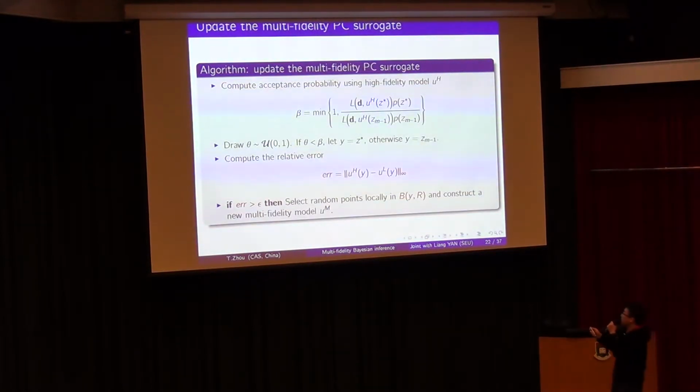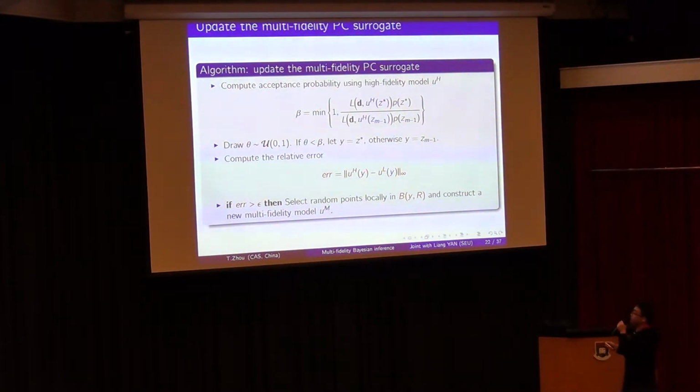This is more detailed. So after a few sampling procedures, you can stop at these particular points. And if around this point the error is very big, this is the true forward model, I use high fidelity, meaning that this is the true forward model.